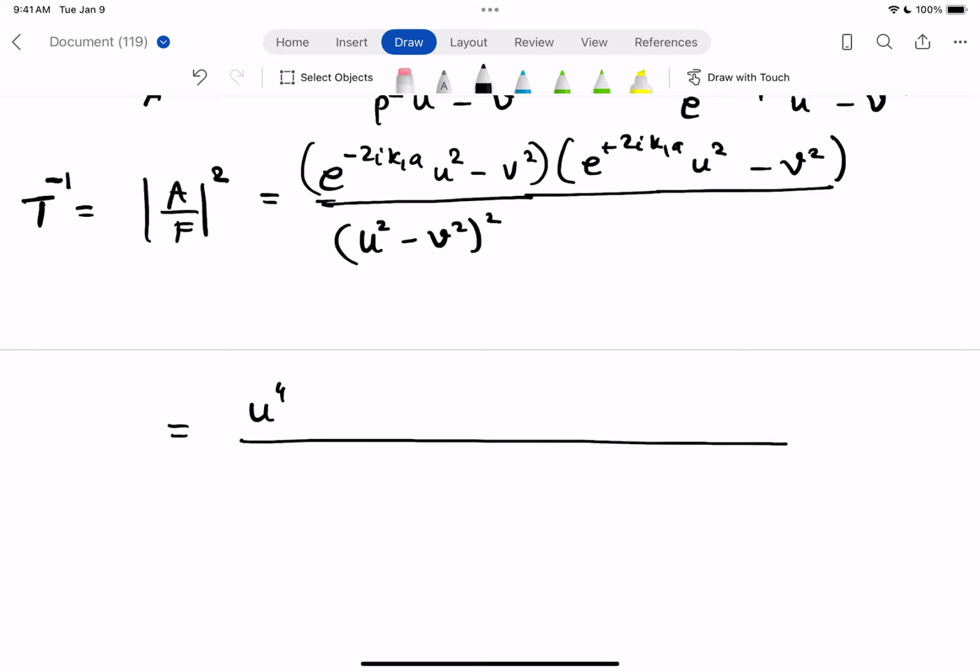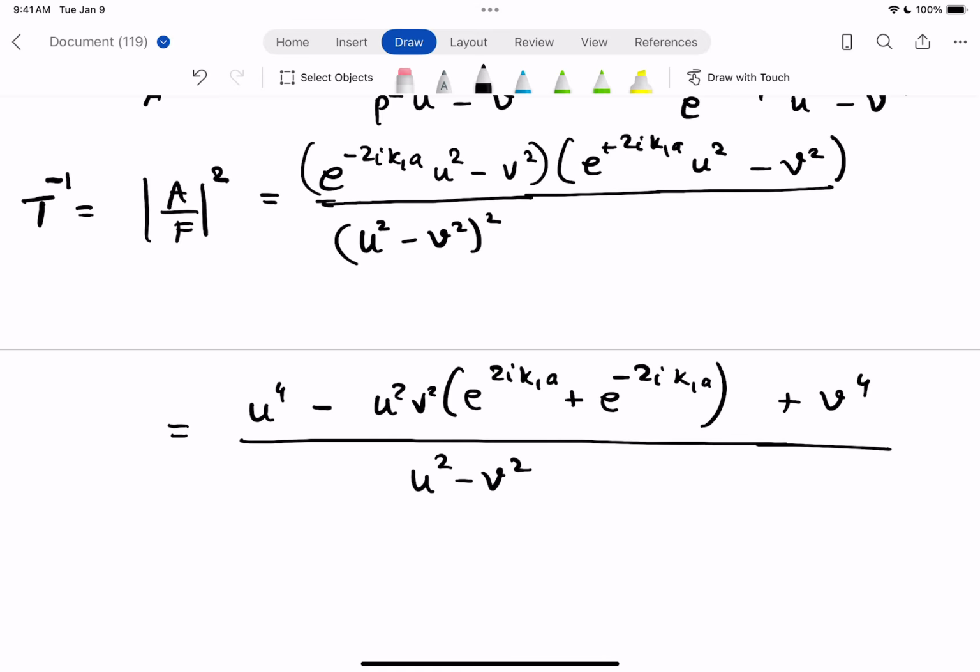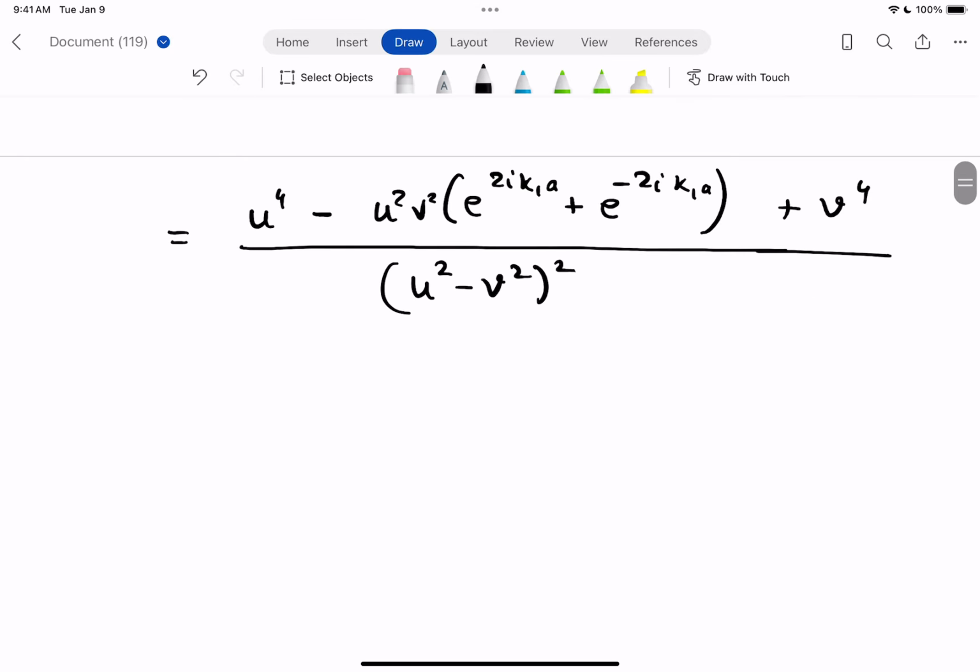So I can combine those two terms as u square v square times e to the power of 2i k1a plus e to the power of minus 2i k1a, and then the last term will be v to the power of 4 divided by u square minus v square whole squared. Alright, so let's see what we got here.